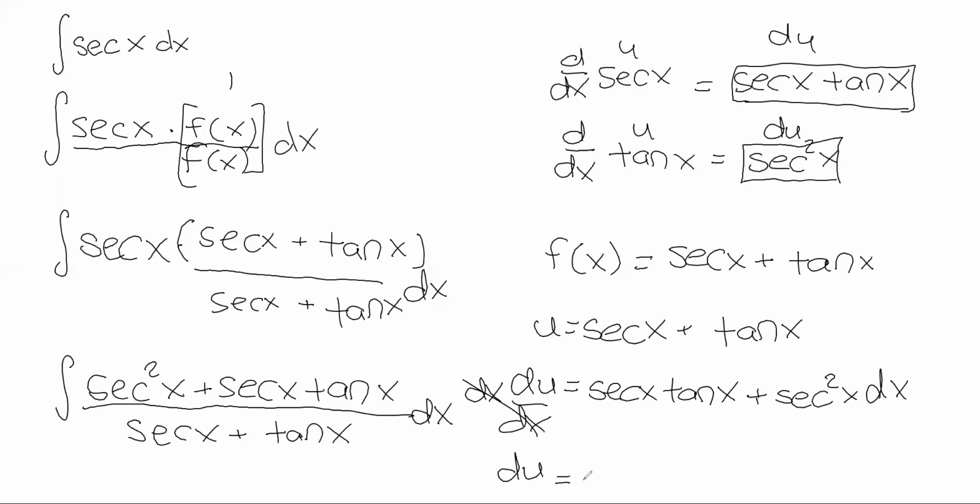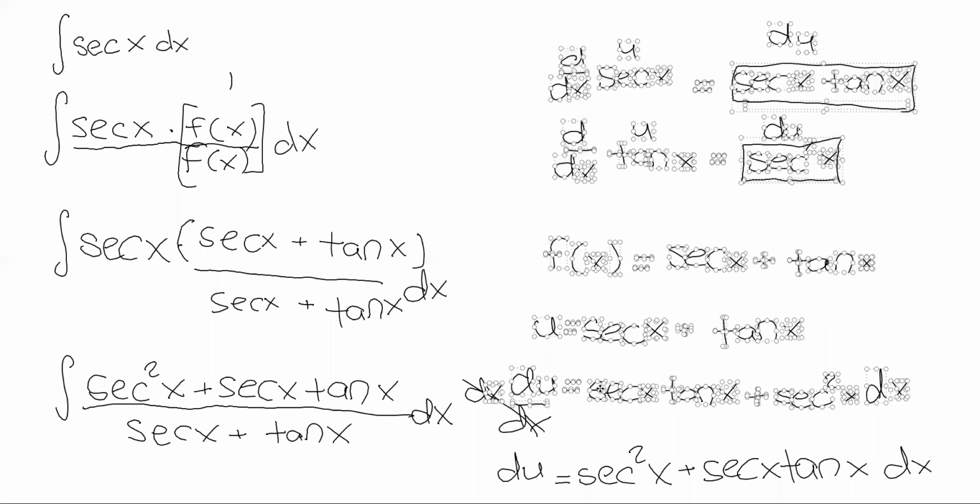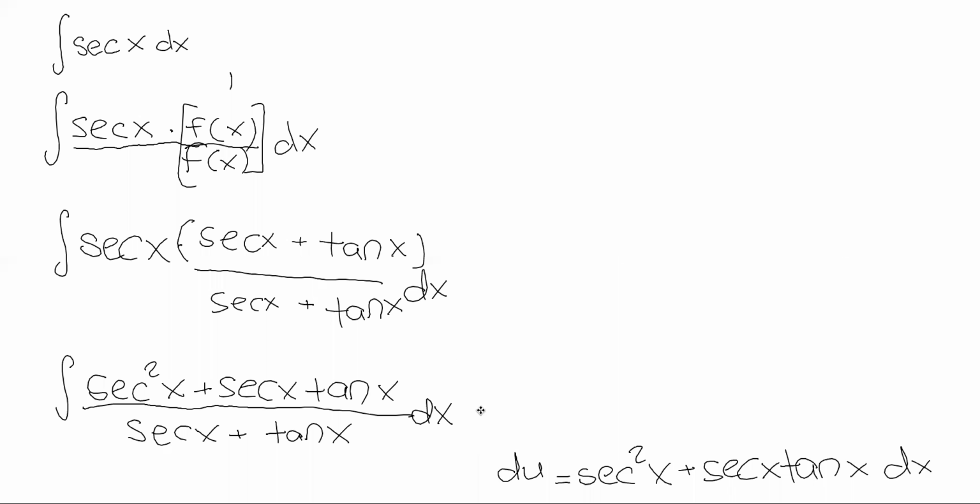So we get du is secant squared of x plus secant of x times tangent of x dx. And beautiful, we have exactly what we need. Going to clear away some of the stuff we don't need anymore.